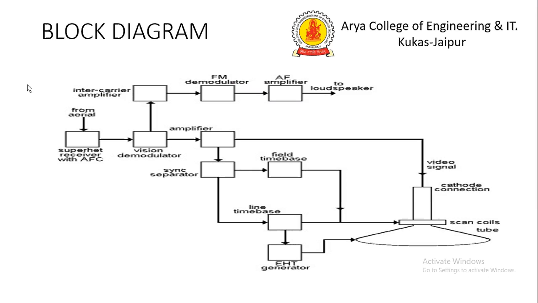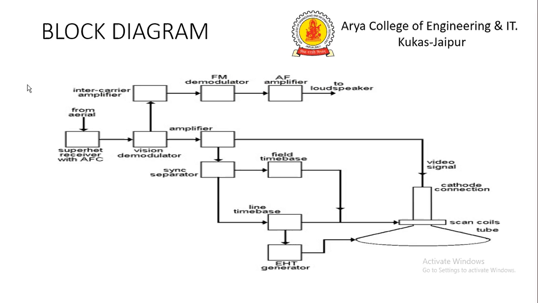Block diagram of TV receiver: from aerial, superhet receiver with AFC, vision demodulator, amplifier, synchronization separator, field time base, line time base, EHT generator, video signal, cathode connection, scan coil tube, FM demodulator, AF amplifier, to loudspeaker.